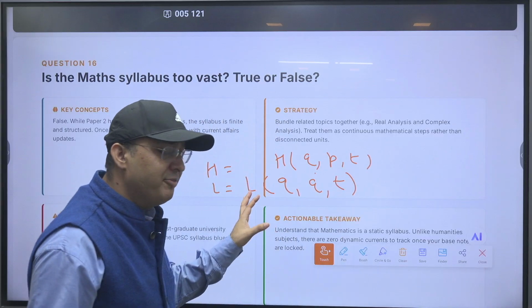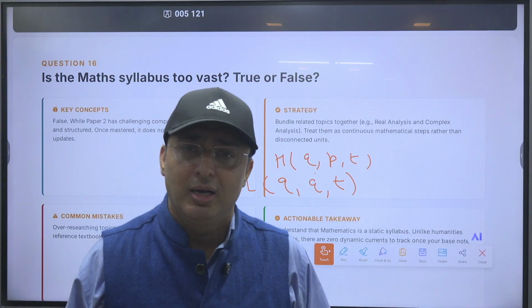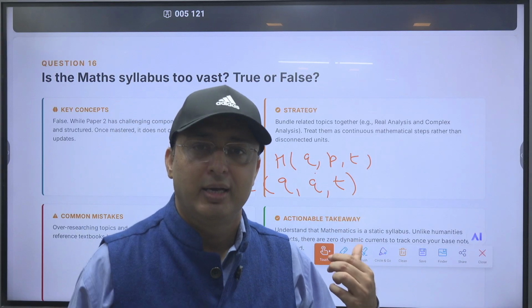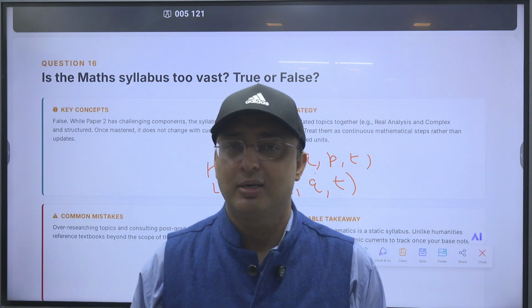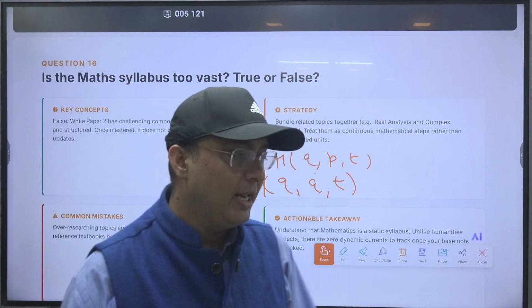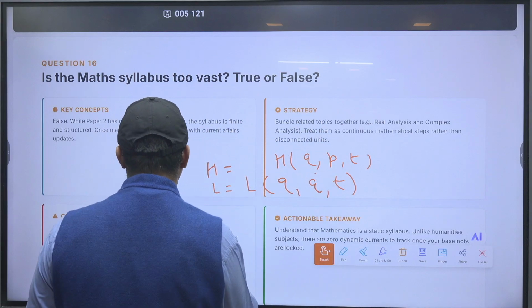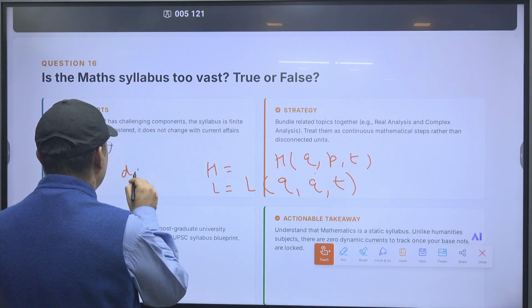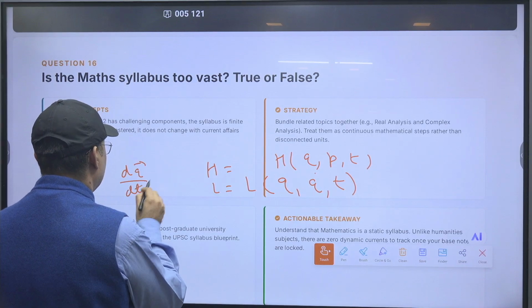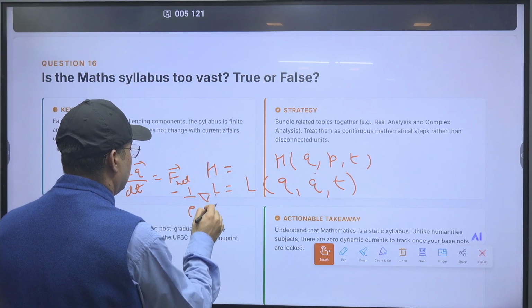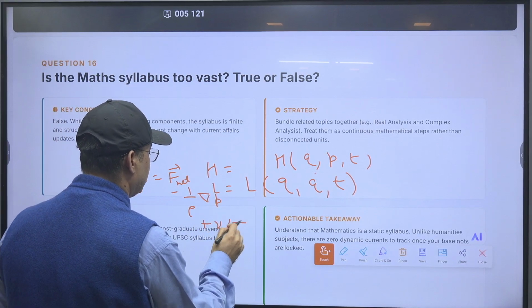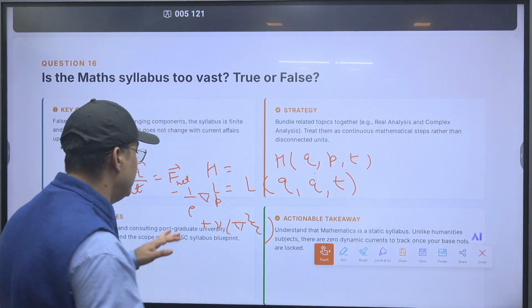So I play with differential calculus over here, and when I write down the Lagrange equation of motion, I am dealing with differential calculus. In fluid dynamics, I just write dq by dt is equal to, so what is this? This is not physics, but mathematics. If I introduce viscosity, this is your Navier-Stokes equation.